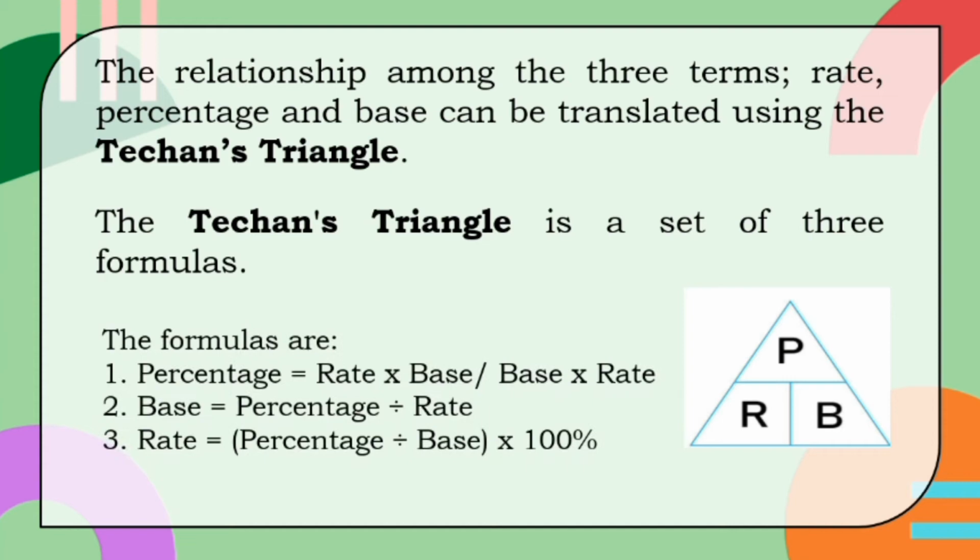The formulas are: number 1, percentage equals rate times base or base times rate. Number 2, base equals percentage divided by rate. Number 3, rate equals percentage divided by base times 100%.